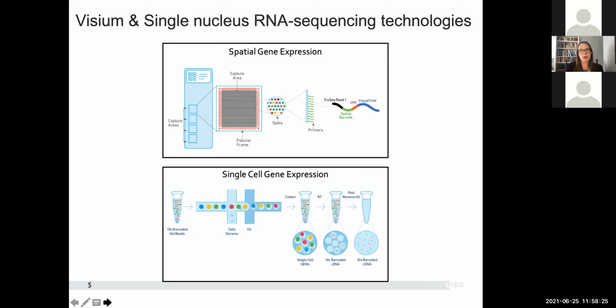These barcoded products are then pooled for downstream reactions to create sequencing libraries. After sequencing, the unique barcodes are used to map the reads back to their original single nucleus of origin. I just want to point out that while single-cell RNA-seq approaches are common in rodent brain tissue and cultured cells, the fact that most available postmortem human brain tissue is frozen has resulted in the majority of data in the human brain being generated on isolated nuclei with single nucleus RNA-seq approaches.